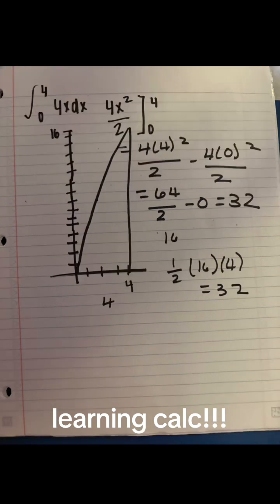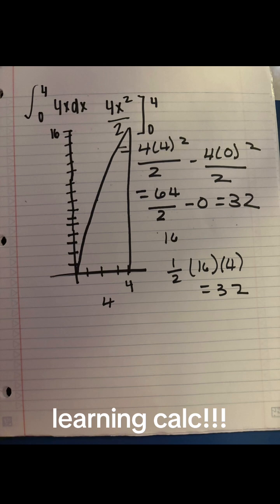Okay, the last problem I'll be explaining today will be a definite integral, which you start with 4x dx with the bounds 0 to 4. So first you're going to integrate that, 4x squared over 2, with the bounds of 0 to 4. So you always plug in the numbers and subtract them from each other.